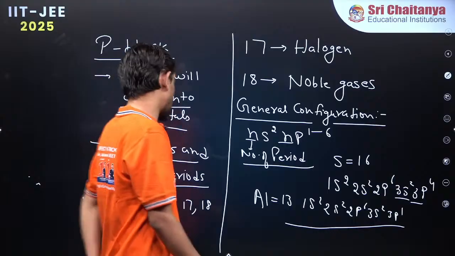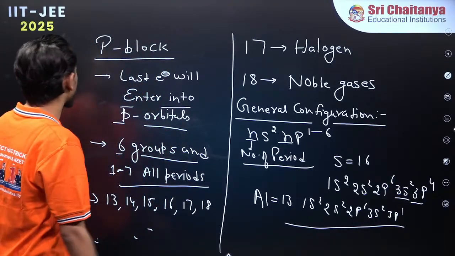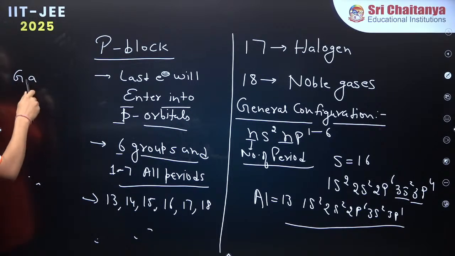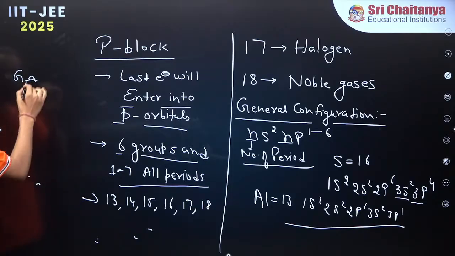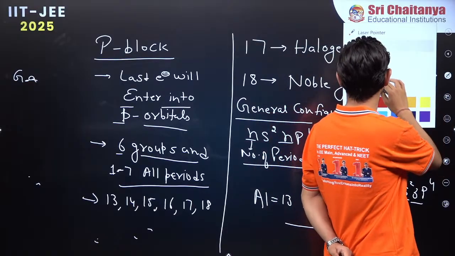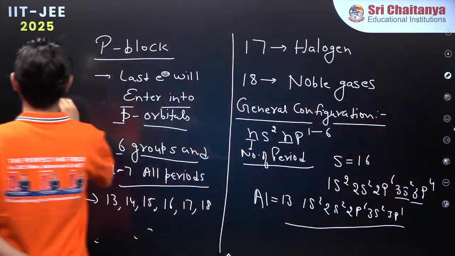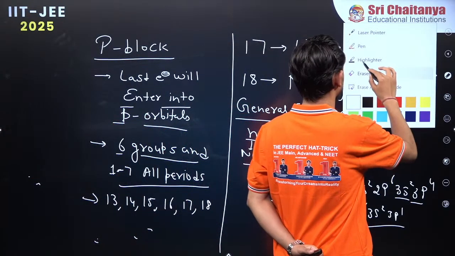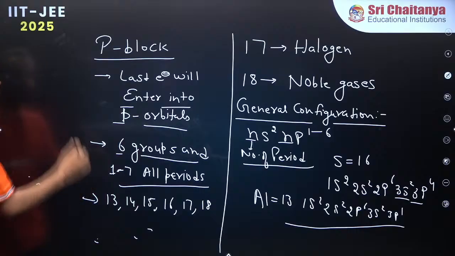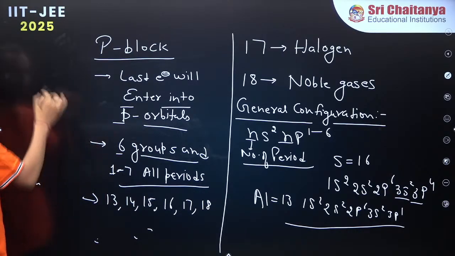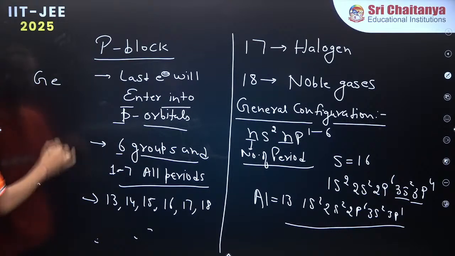Let us think about some fourth period element also, let us think, gallium, or instead of gallium, germanium.